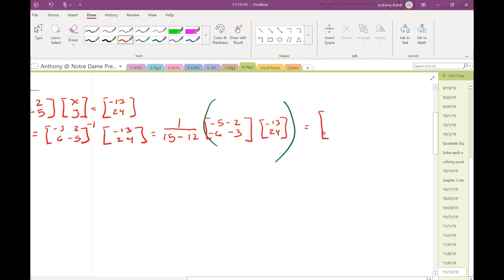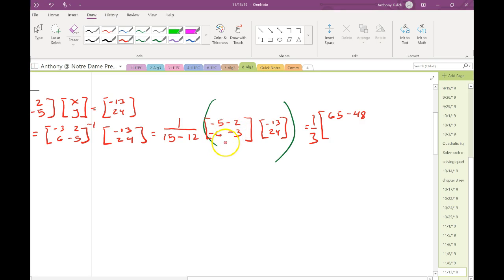So my first entry is going to be row 1 times column 1. So that's going to be negative 5 times 13, which is 65, plus a negative 2 times 24, which is minus 48. Oops. Still have that 1/3 out front. Forgot to write that.